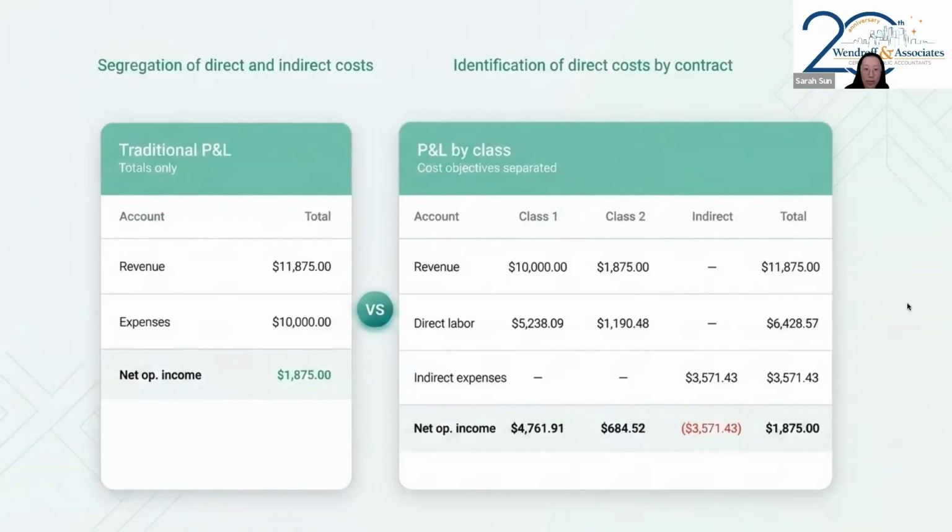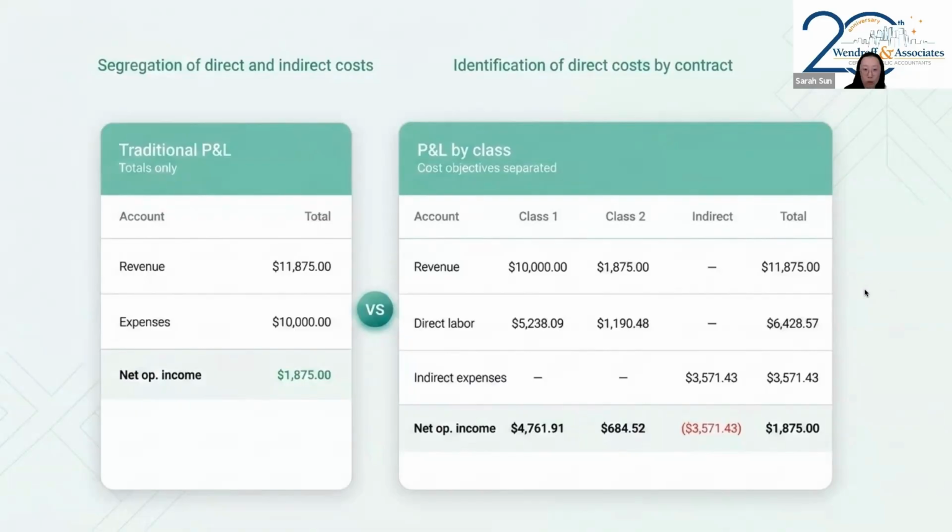The other part that is good to be set up in QuickBooks is called a class system. By enabling the class function, you can trace your cost by your final objective. The final objective could be your different contracts, your projects, or it could go as detailed as even a purchase order.